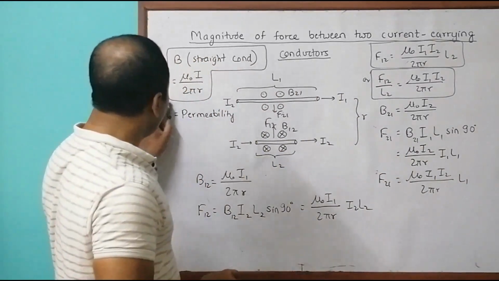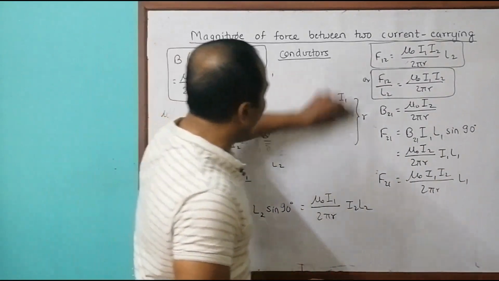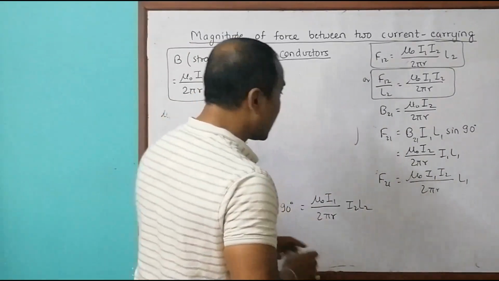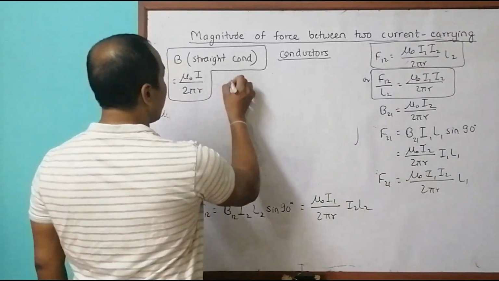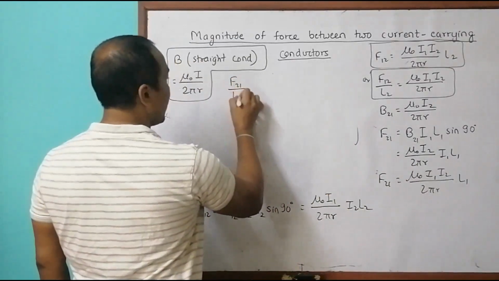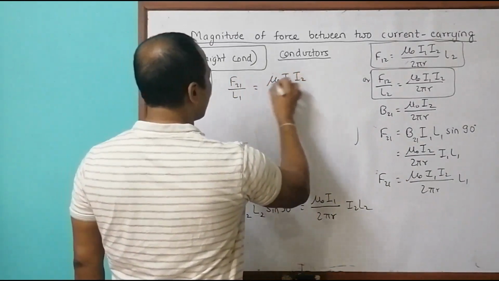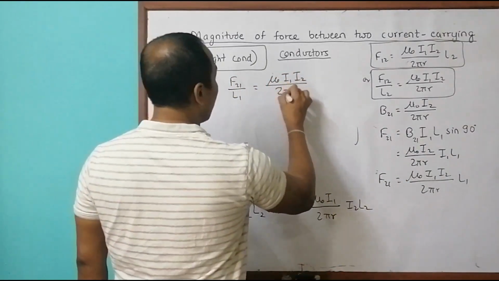I need space for the formula, so F21 by L1 is equal to mu naught I1 I2 by 2 pi R.